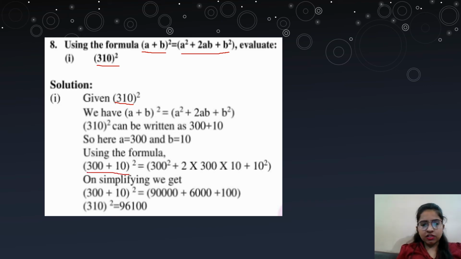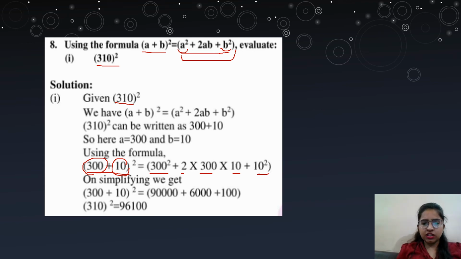In 300 plus 10, you can say a is 300 and b is 10. In this formula, you have to put the value of a as 300 and b as 10. Just put a square, it means 300 square. 2ab means 2 into 300 into 10. Then plus b square means plus 10 square.